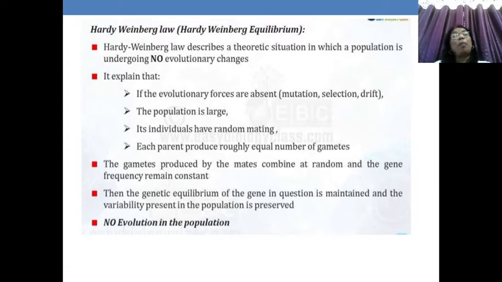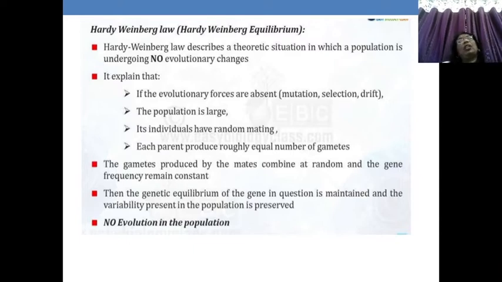And why is this population large? Because in that population, if any mistake takes place, then that mistake becomes negligible. In such a manner, that population is large. Third point is that its individuals have random mating, meaning the individuals of the species show random mating. In them there is no selection for any specific genotype as well as parental genotype.